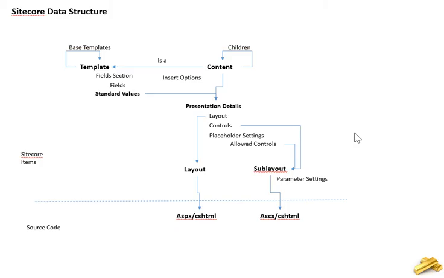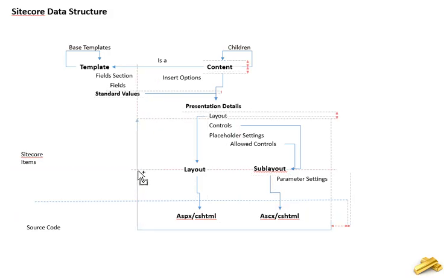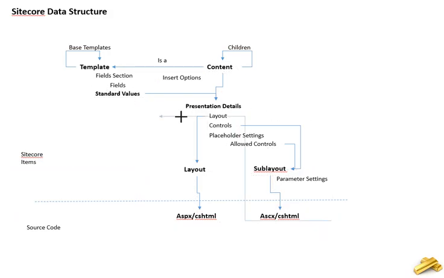Another key concept is called a data source. For the sublayout, you can specify a location of the data source. The data source location is defined in the sublayouts and points to a specific type of content.